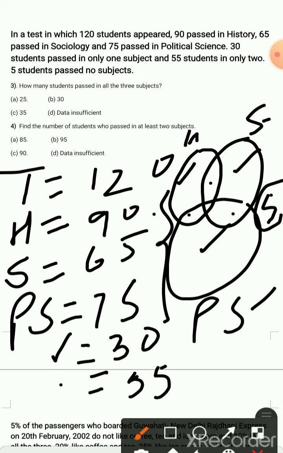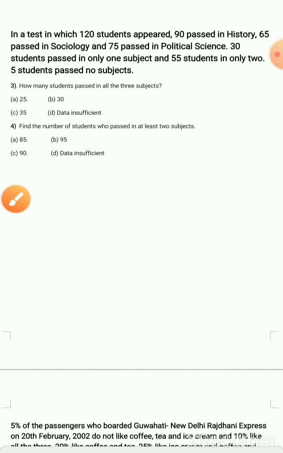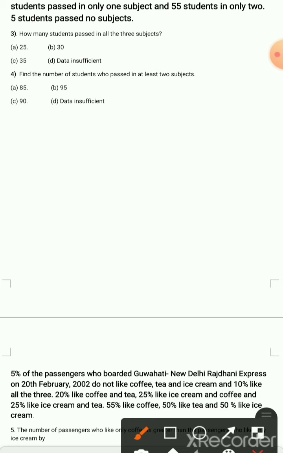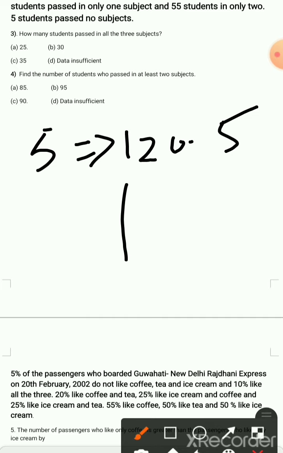So that means we can conclude how many students passed in total. 5 students did not pass, so 120 minus 5 is 115 students passed. Clear?